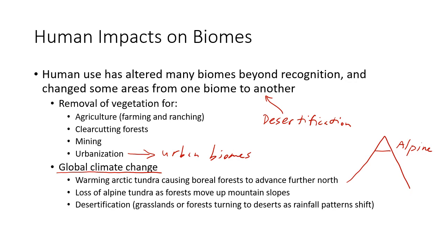And as it warms, tree line advances further up the mountain, and crowds out all of these little wildflowers that can only survive in the alpine zone. Eventually, there will be no alpine, and it will be just forest all the way up the mountain. And then again, desertification.